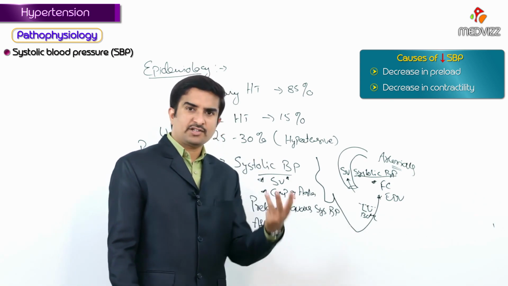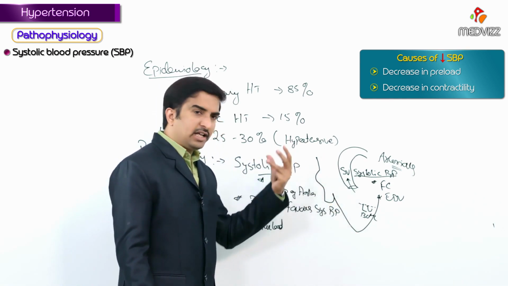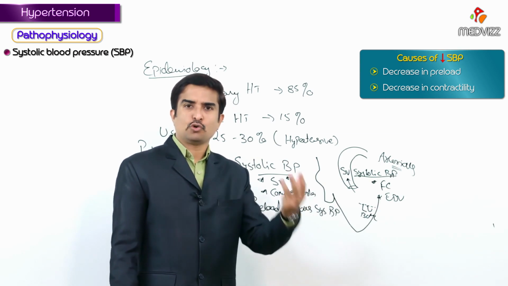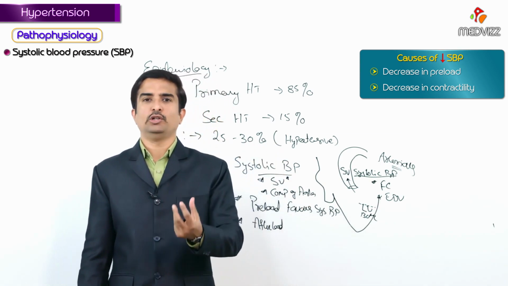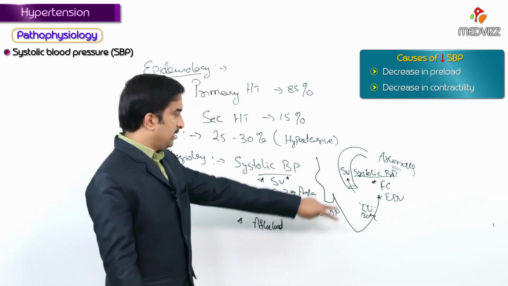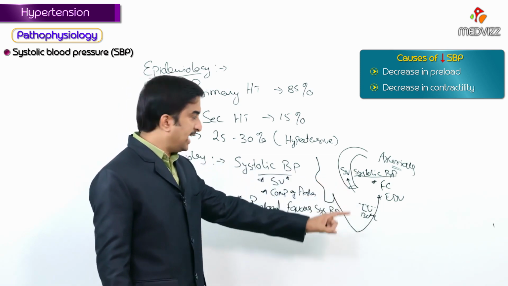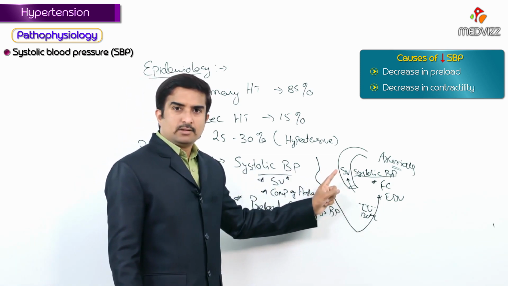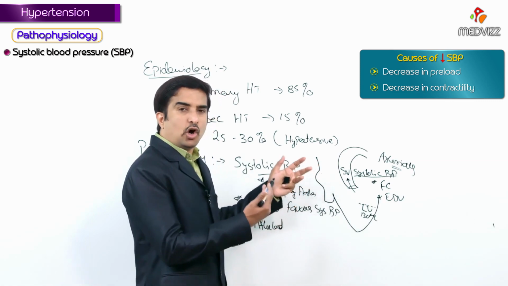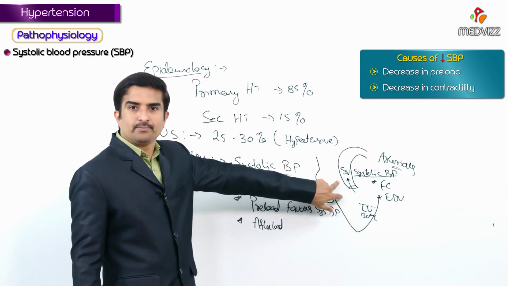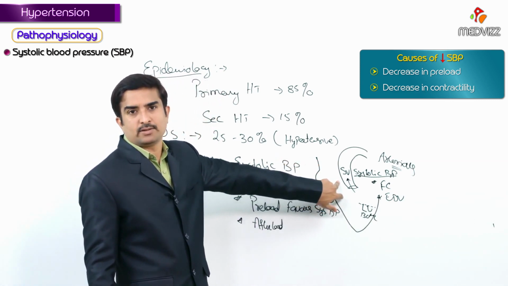If the force of contraction decreases, if the end diastolic volume decreases, stroke volume decreases. If the stroke volume decreases, the amount of blood entering the aorta decreases, so automatically remember that the systolic blood pressure decreases.